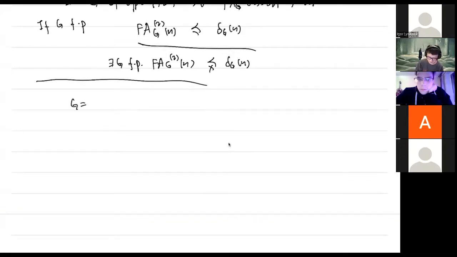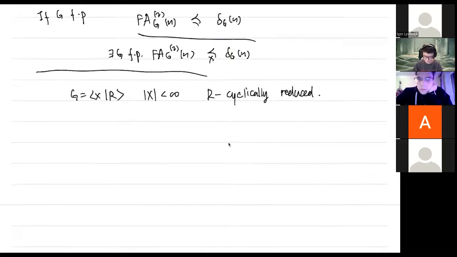Consider we have a group with a presentation. In this case, we assume it is finitely generated because we have to consider the Van Kampen diagram. And we assume this set of relators is cyclically reduced.